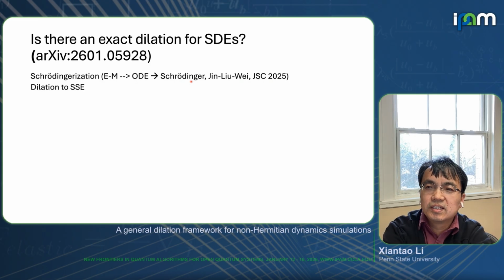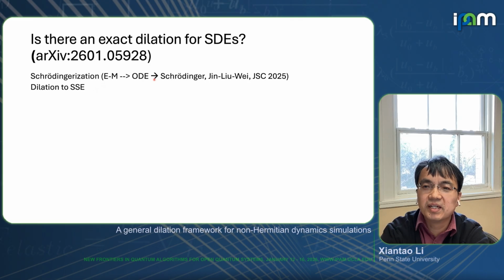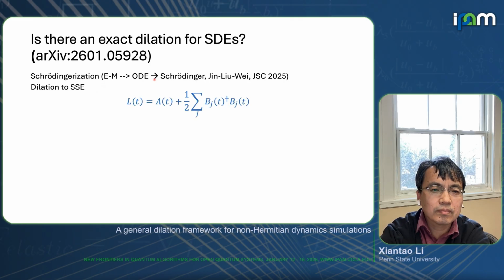And we tried a different route. What we want to do is establish a dilation that maps the SDEs to stochastic Schrodinger equations, right? Whether this is a better approach than the previous one, I don't know, but it's just a fun exercise to do. Toward this goal, you can first write down this matrix here. A is the drift, and Bj is the diffusion coefficient.